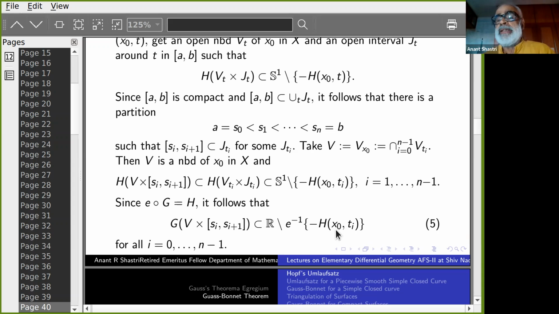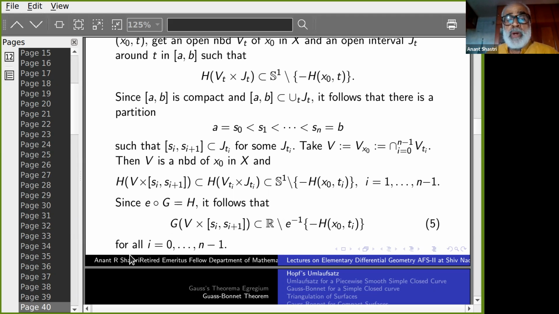By adding an integer, you will get all the other points. So this is E inverse of that. You throw away all of them. What you have got is a disjoint union of open intervals. R minus that is a disjoint union of open intervals. So G of V cross S_{i+1} is contained inside these intervals.